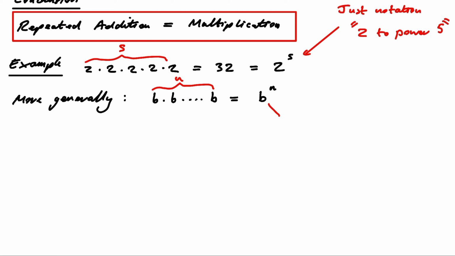Okay, so let's make sure all of our terminology is correct. This b is called the base. It's called the base of this expression. And this n is called the exponent. Again, this is just notation for b multiplied by itself n times. And worth saying, in this case, n has to be a positive whole number.